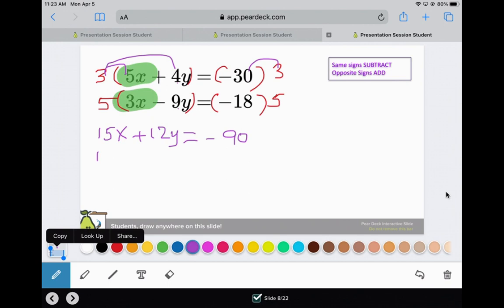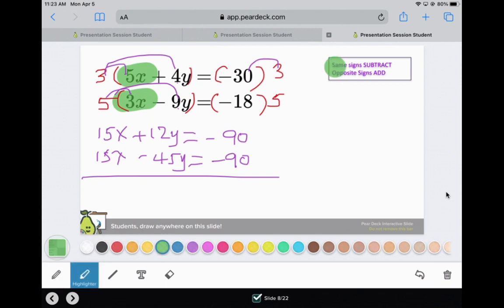My second equation is 15x minus, distributed, minus 45y, and then 18 times 5 gives you negative 90 as well. Okay? Look over here, they both are the same, so I'm going to subtract.